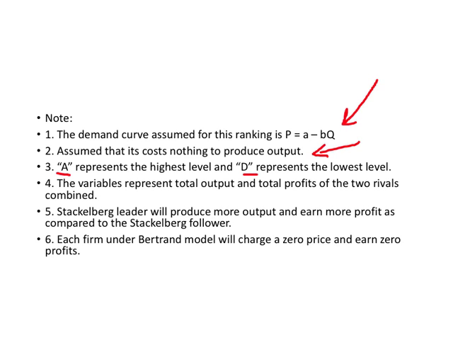The variables represent total output, total profits of the two rival firms taken together. So whatever you see in the table is for two rivals taken together. And we know that the Stackelberg leader will produce more and earn more profit as compared to the Stackelberg follower. And we also know that each firm under Bertrand model will charge a zero price and earn zero profit.